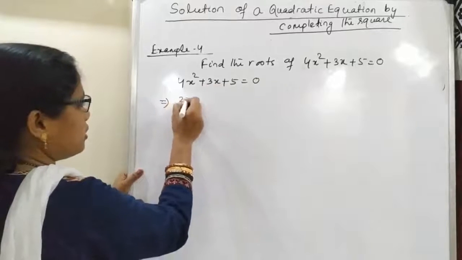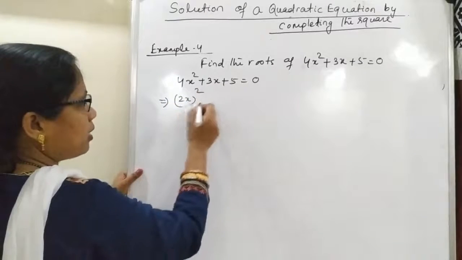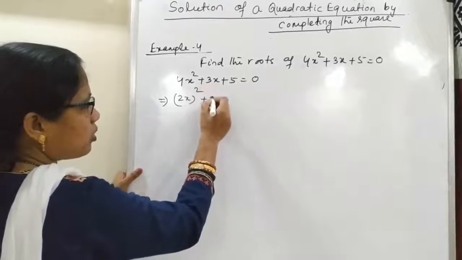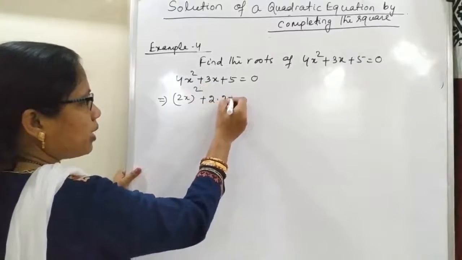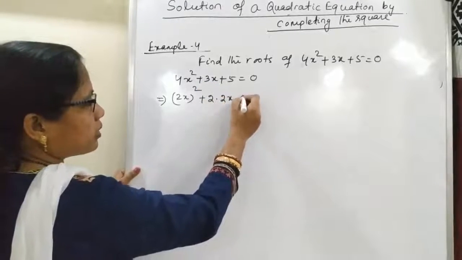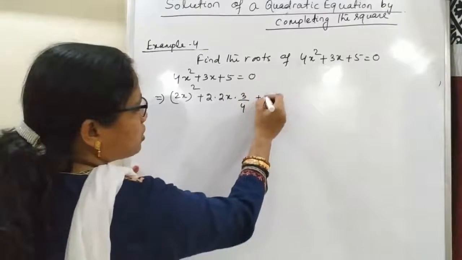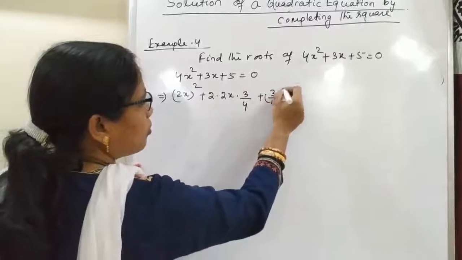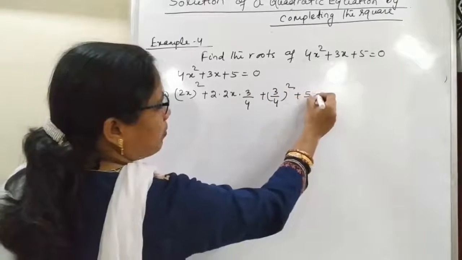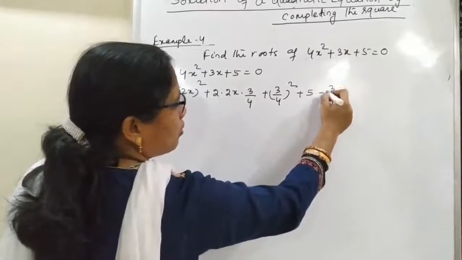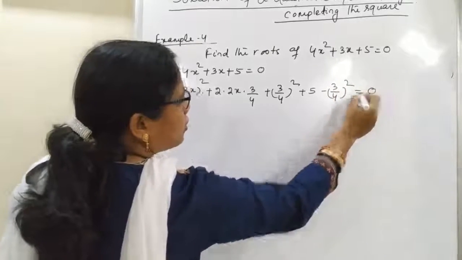So this implies 2x whole square plus 2 into 2x multiplied with 3 by 4 plus 3 by 4 whole square plus 5 minus 3 by 4 whole square is equal to 0.